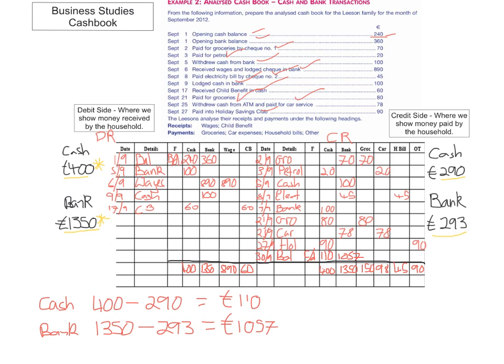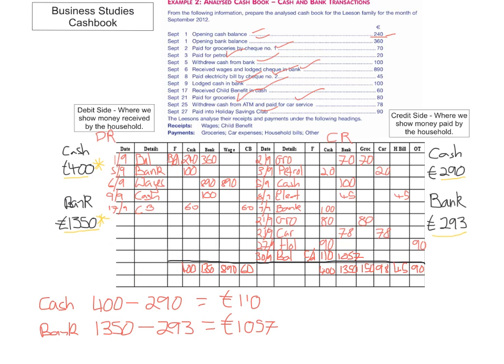Now the very last thing you've got to do is, because we basically fixed it and made this balance, because we forced it, because we put in the 110 and the 1,057, we must bring this all the way down here and finish this underneath. And this will be our balance brought down for the next month. So when you start with a balance brought down, this will be the balance brought down for the next month.